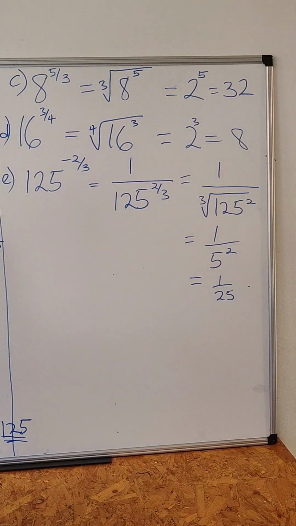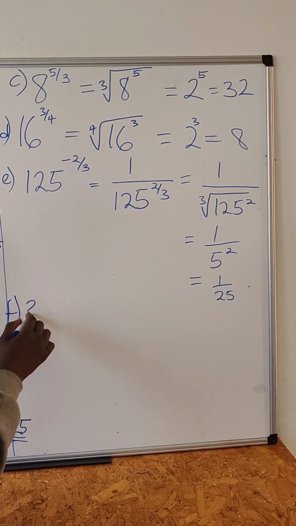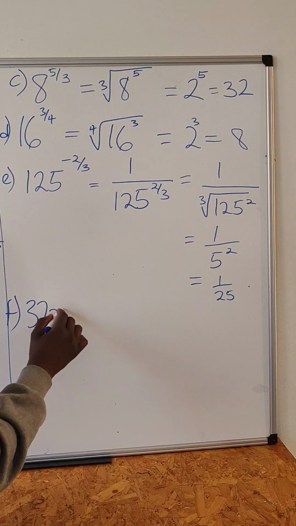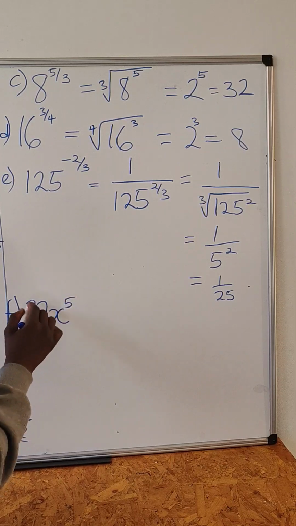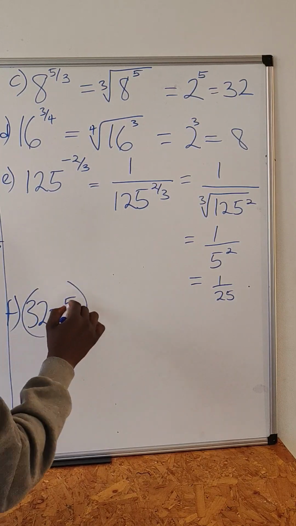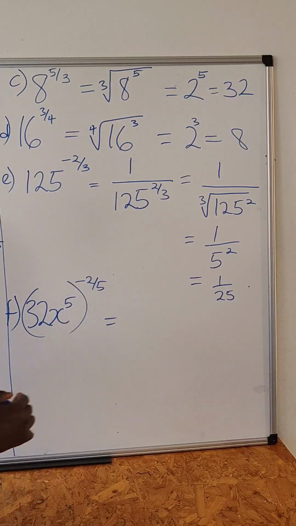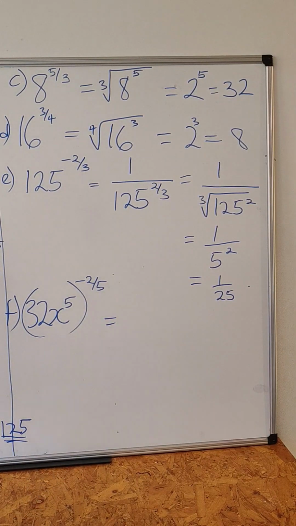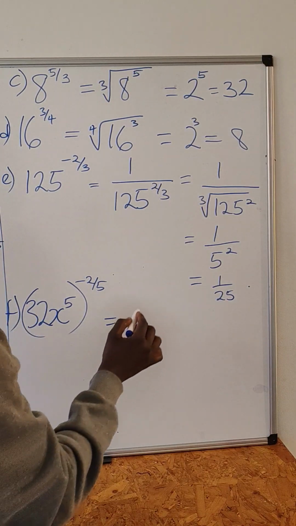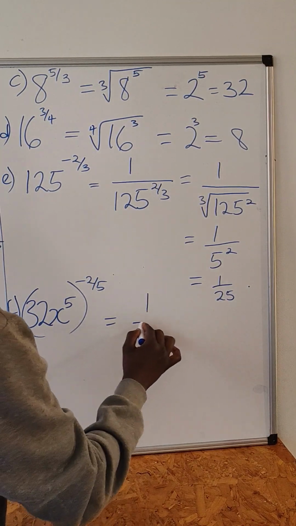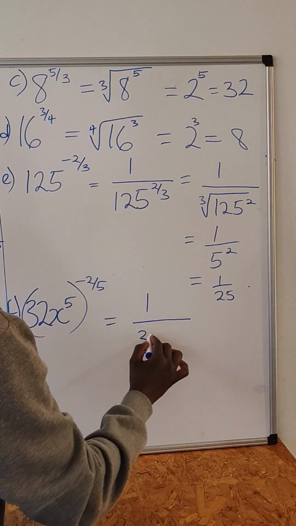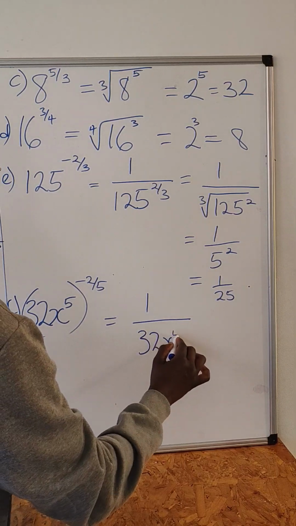Then we move to the sixth one, which is the last one: 32x raised to power 5, everything raised to power minus 2 divided by 5.